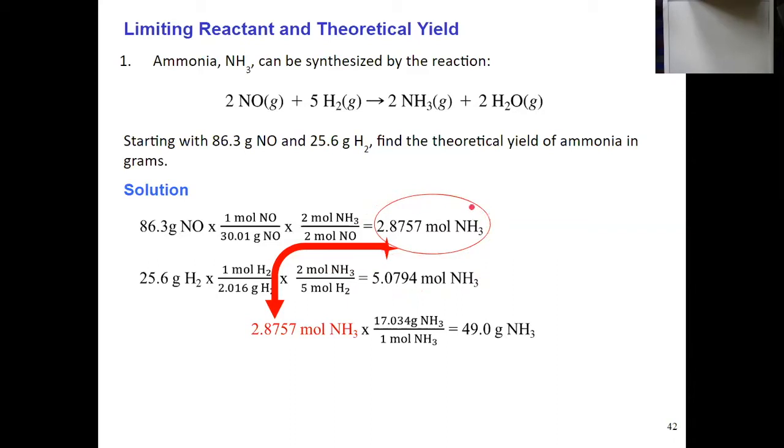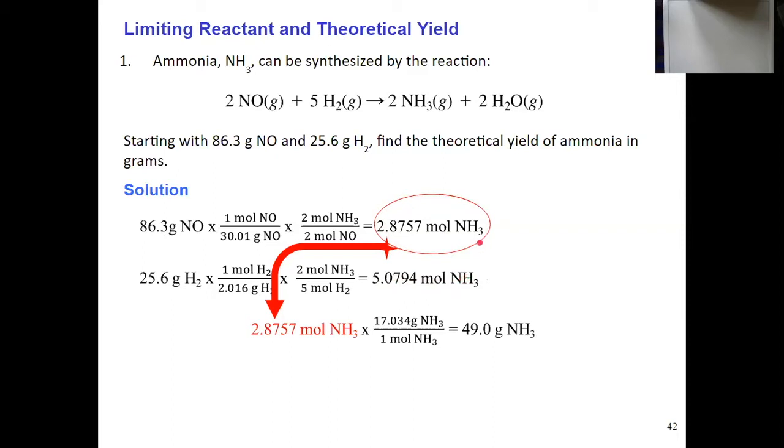Okay? In moles. You can have a theoretical yield value in moles, and you can have a theoretical yield value in grams or in kilograms. So be mindful of the units that you're presented with. This is my theoretical yield value in moles. That means that this number right here, 5.0794, this value is garbage and you don't need it anymore. Okay.